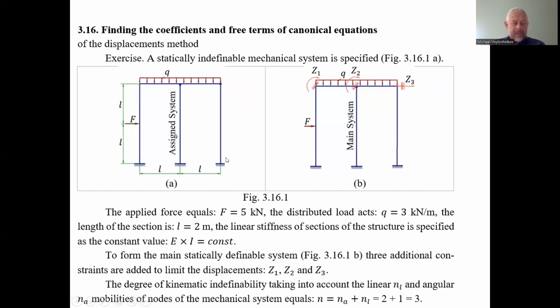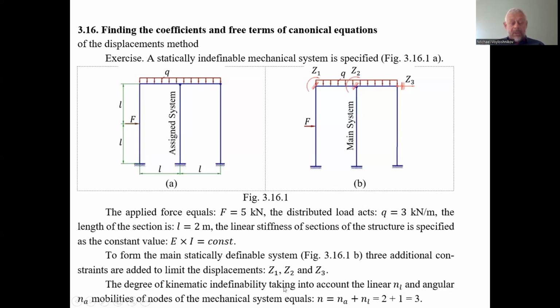We can define that only one motion is possible in the hinged scheme, the transverse motion of this one beam, and accordingly the angular motion of the stands. So we have 1 degree of linear kinematic indefinability and 2 degrees of angular kinematic indefinability due to the number of rigid nodes.